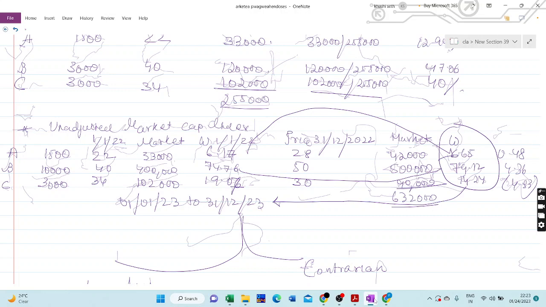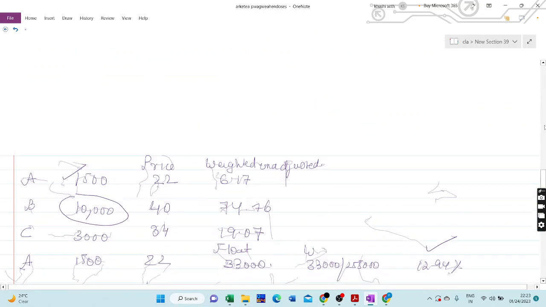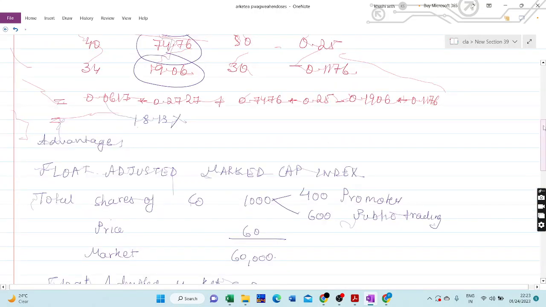Nifty is also float adjusted. S&P is also float adjusted. S&P 500. Okay. So we are done with market cap weighted index and float adjusted market cap indexes, right?